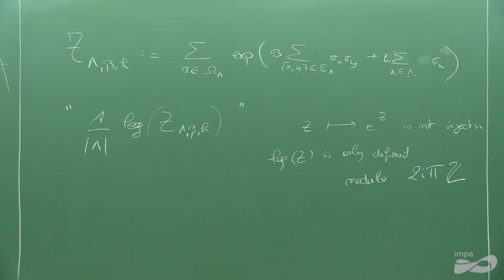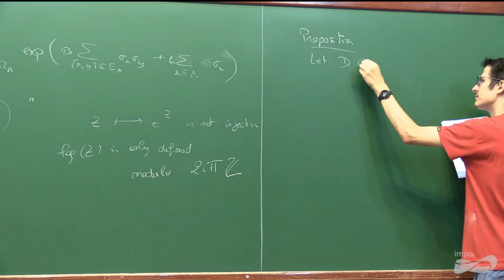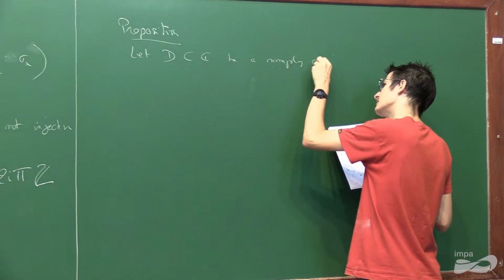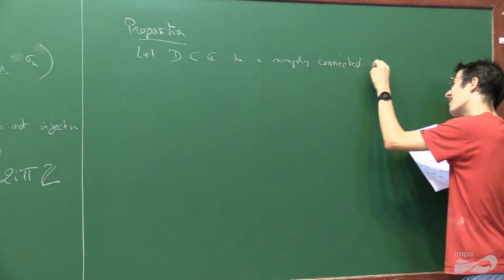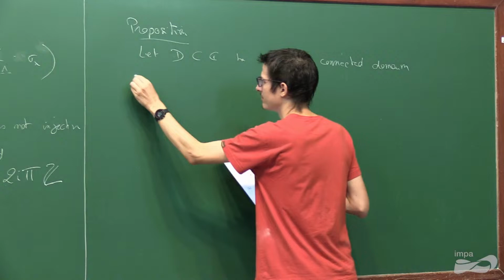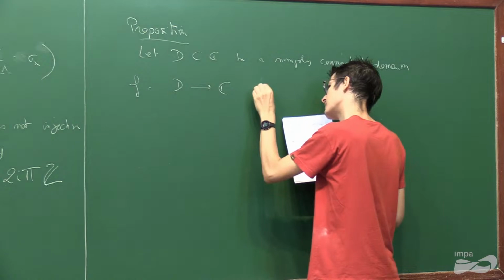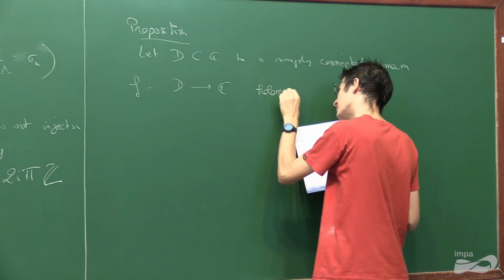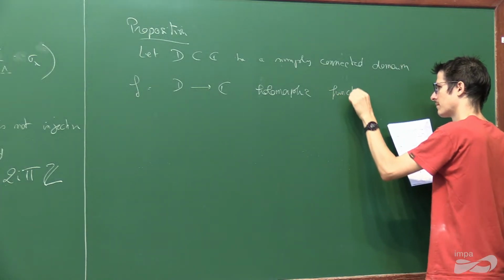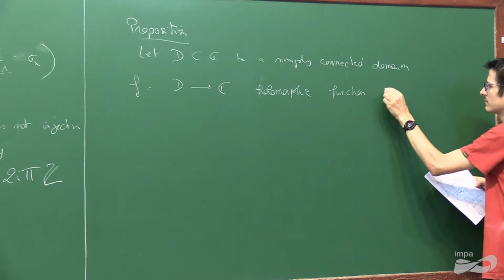So, okay, what's the result here? Let D be a simply connected domain, and f from D to C a holomorphic function which doesn't cancel.